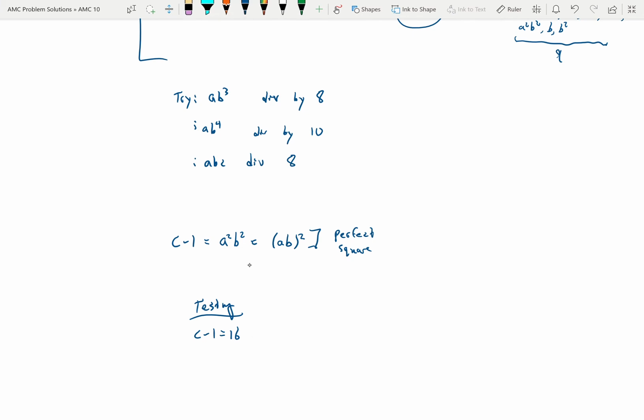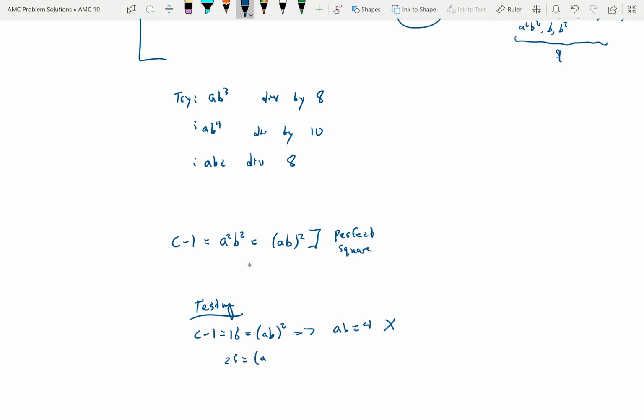That basically means 16 equals (ab) squared. So that just implies that ab has to equal 4. Are there 2 different prime numbers that are going to equal 4? No.